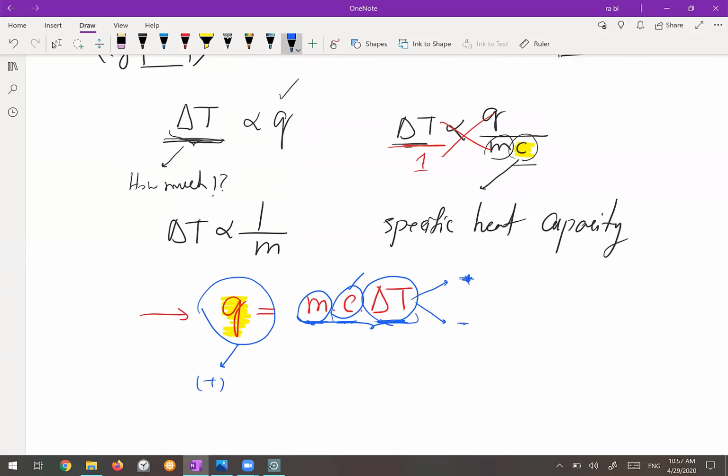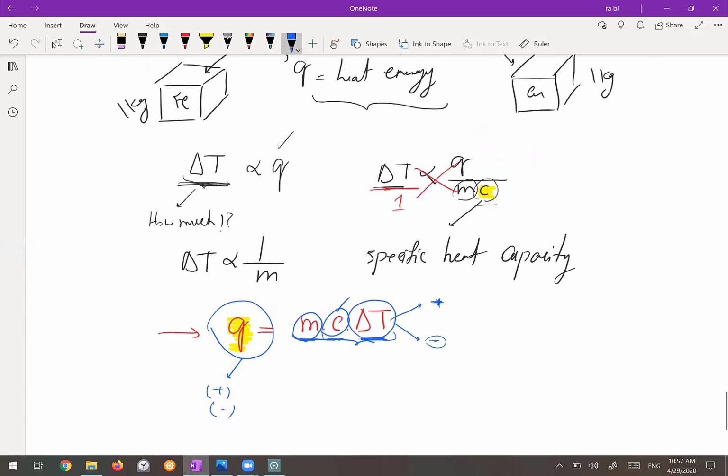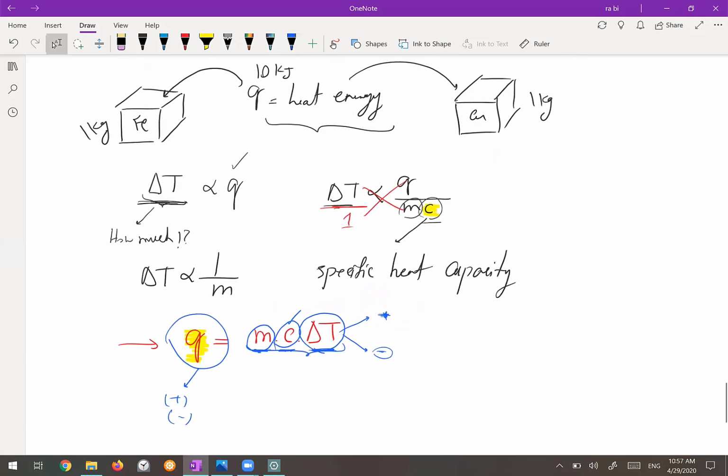If the change in temperature is negative, for example, for a block of iron, Q also becomes negative. Okay, so the sign of Q depends on the change in temperature. If the temperature of the substance increased, it means the energy has gone into the system. If the temperature of the substance decreased, it means the energy has gone out of the system.